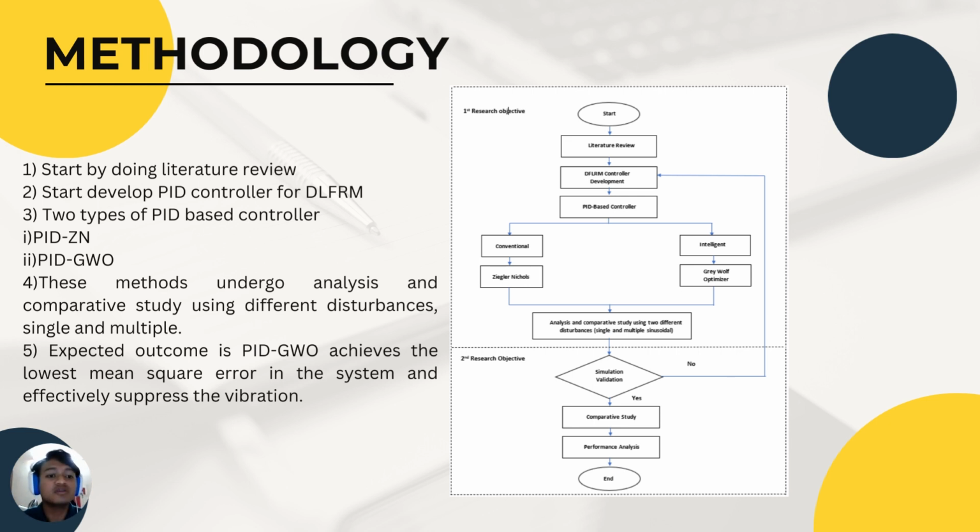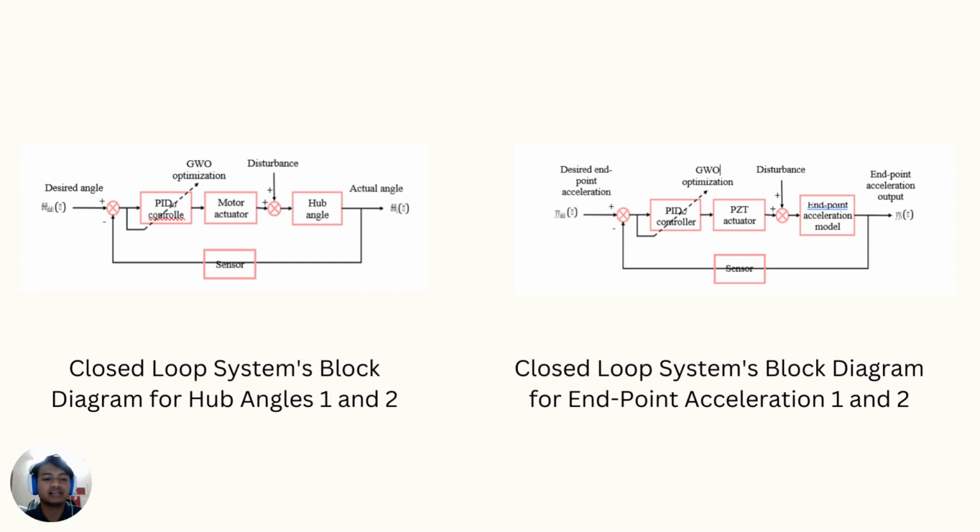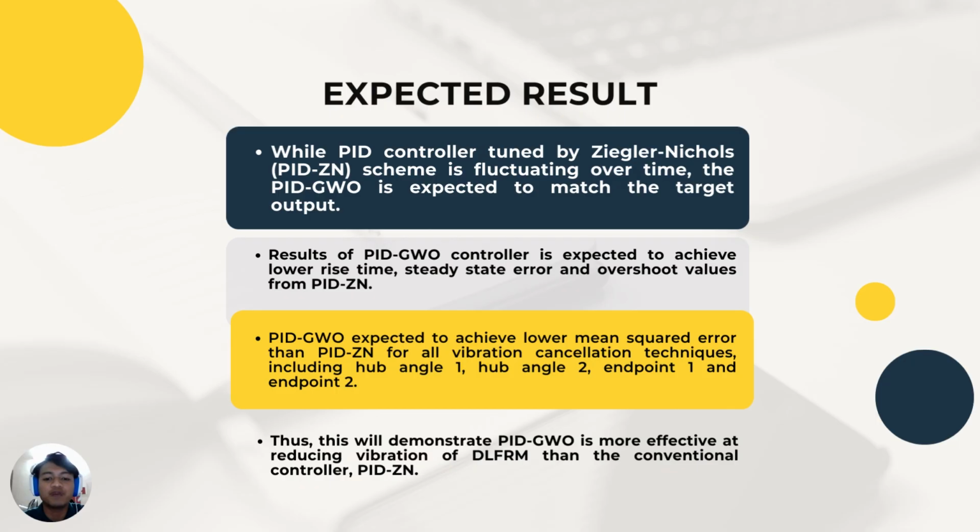Then these methods undergo analysis and comparative study using different disturbances, which are single and multiple disturbances. And then the expected outcome is that PID GWO achieves the lowest mean square error in the system and effectively suppresses the vibration. So this is an example of the closed loop system block diagram for hub angles 1 and 2, and the closed loop system block diagram for endpoint acceleration 1 and 2.